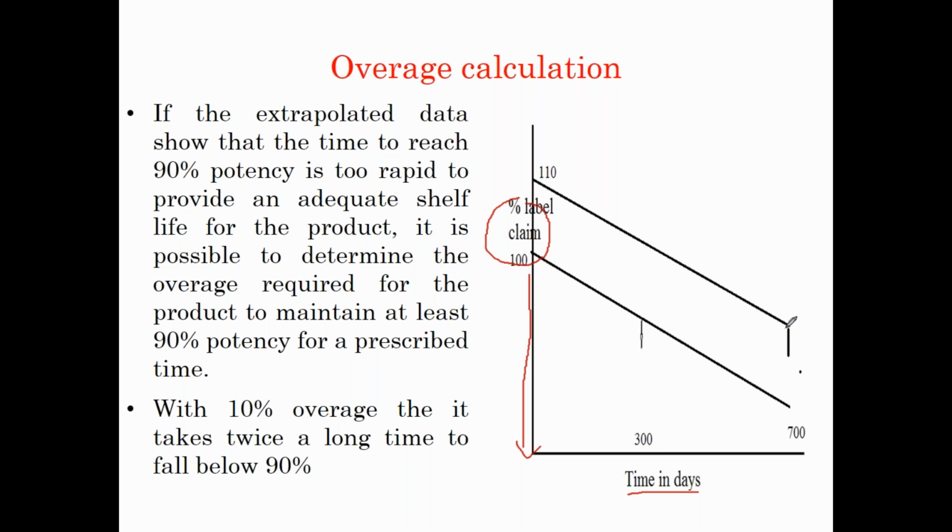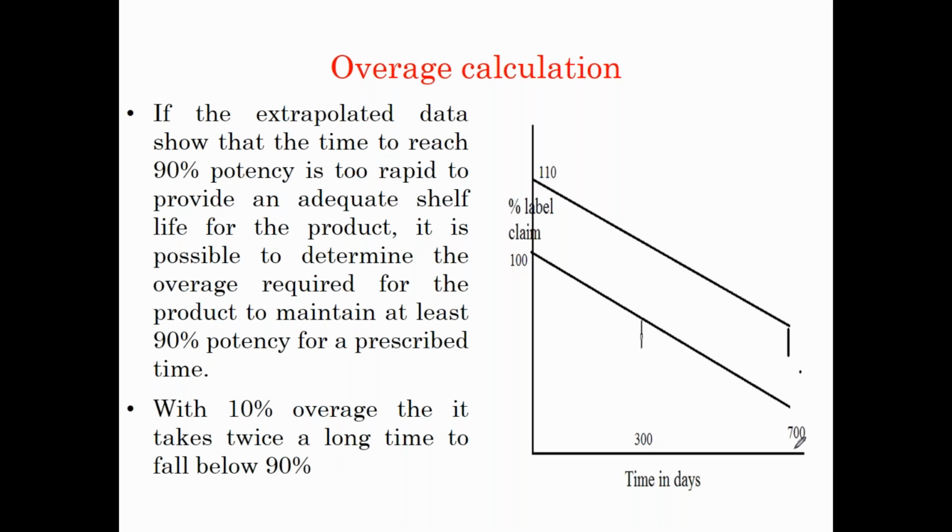They mark the point, a parallel point above the original line, and extrapolate back towards the y-axis to get the overage. This point tells us how much extra drug I am supposed to add to the 100 mg drug, so that on the 700th day the dose of the drug is still 100 mg.